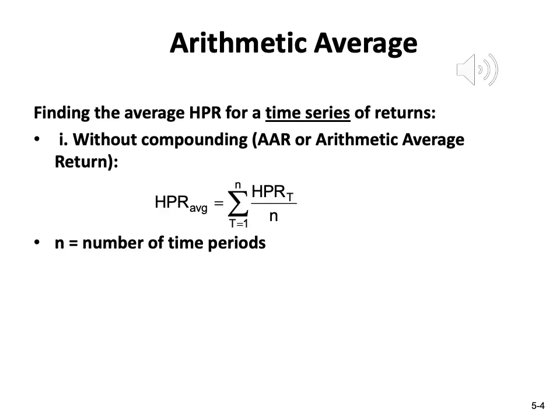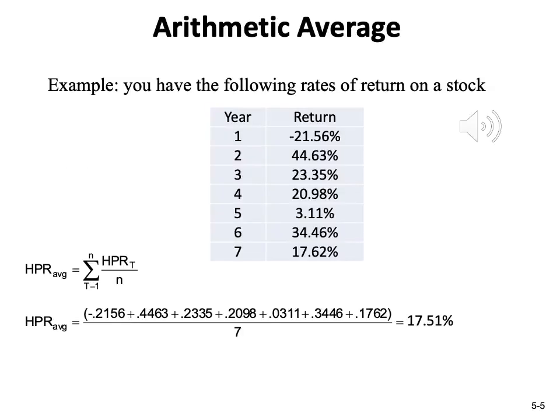When you hold a stock for more than 1 year, in this example 7 years, you want to calculate the average annual return. If you want to calculate the arithmetic average return, what you need to do is add up all 7 years' returns divided by the total number of years, which is 7.